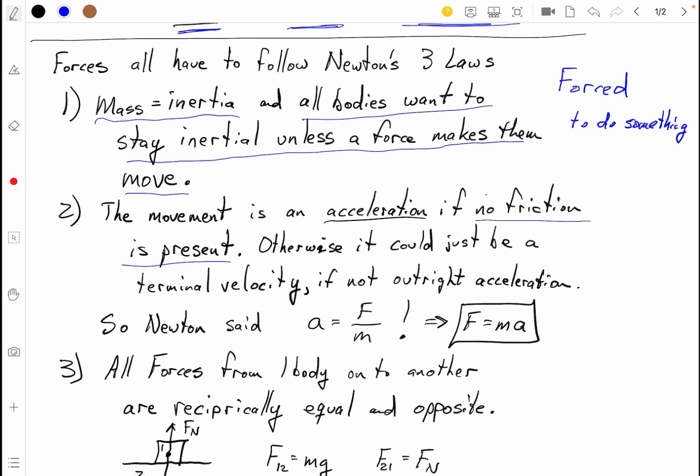And if it is present, then we'll get some movement, but no outright acceleration. But let's say there's no friction. So in that case, no matter what happens, if we apply a force on an object that has an inertia, we're going to get an acceleration. Okay? The most common way to see this is right here. F equals ma. This is Newton's second law. There's no way around it.